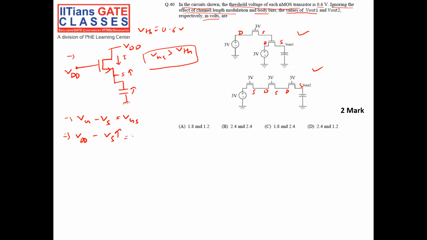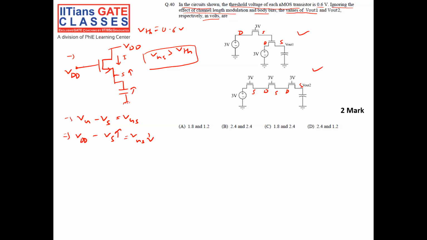So what will happen to my VGS? It is getting decreased. So I know for my transistor or MOSFET to be on, I need a minimum gate to source voltage, that is called VTH or threshold voltage. If my gate to source voltage is less than threshold voltage, my transistor will be off, there will not be any current.